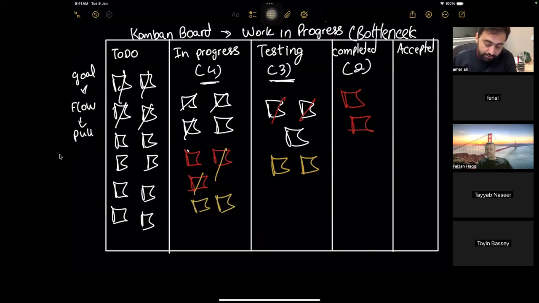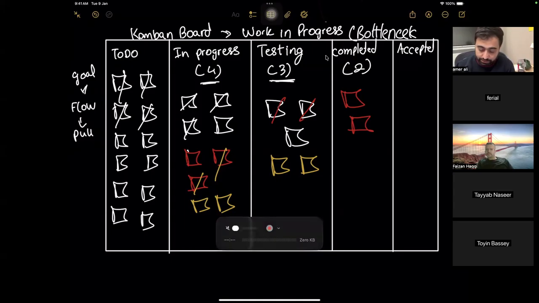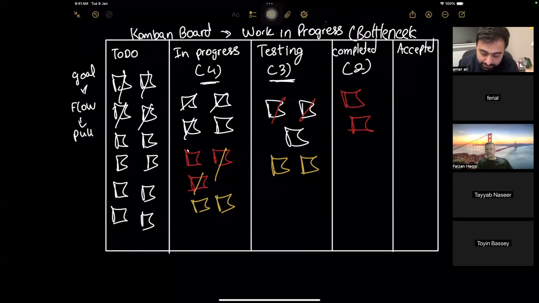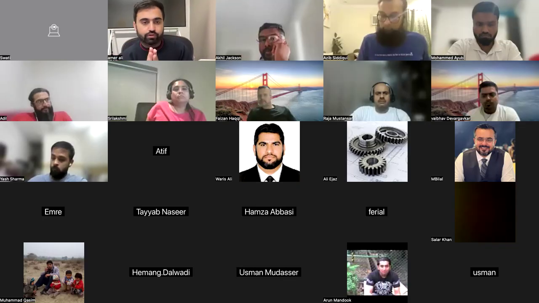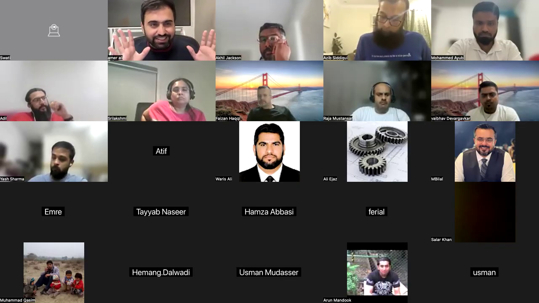Okay, now here it can come. So one by one, we'll keep moving into the flow. Let's say it is done. It moved here. One more user story can move. So one by one, we'll keep moving. Is this clear?